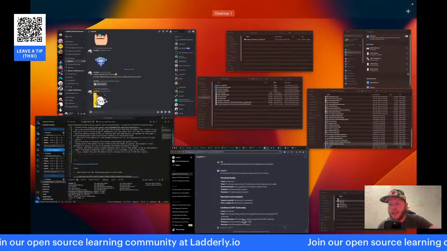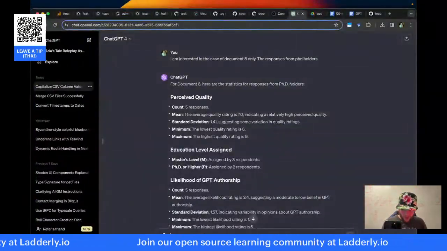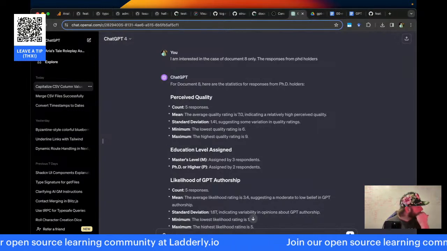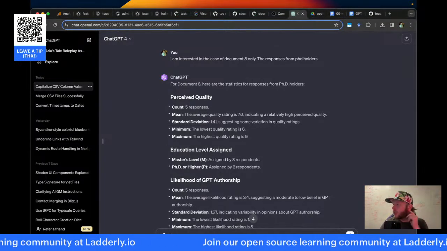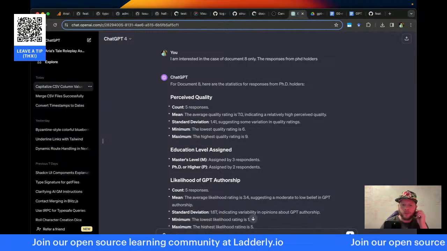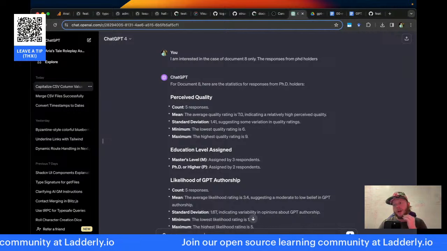Oh, do I have any active changes on the CSV? Let's create a new column. Yeah, basically we need to integrate topic and author effects now.